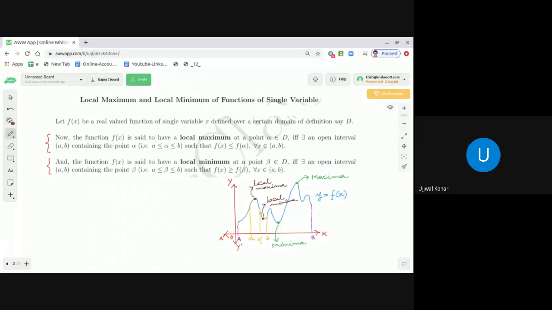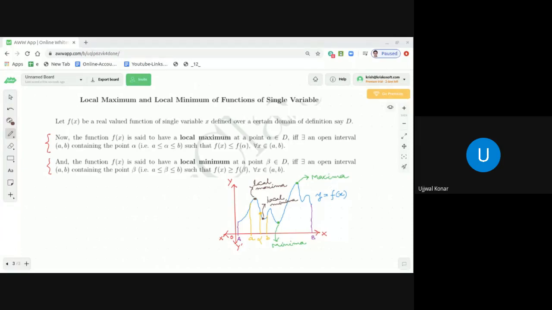And local maxima and local minima are in a portion of this entire domain of definition, surrounded by a point alpha, as I said a few minutes back. We can also explain local maxima and local minima in a different manner.